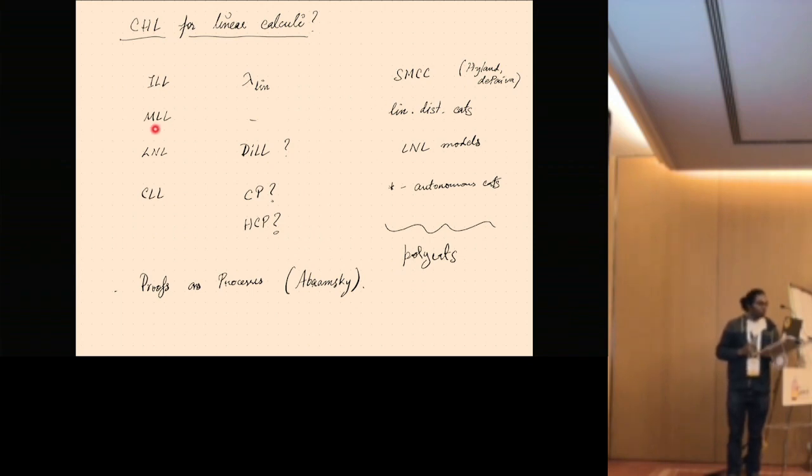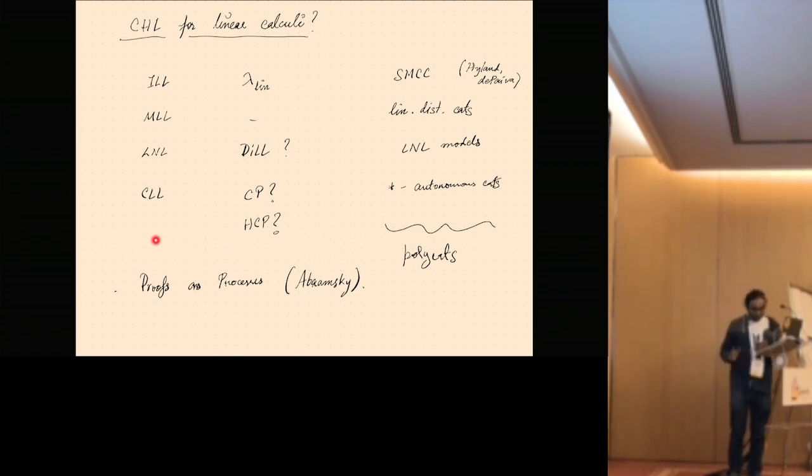So MLL, which is MLL without negation, only has tensor and par, and there's an axiomatization in linearly distributive categories. And then there's linear non-linear logic, which I think DILL is a term model for, and it should correspond to LNL models. And then classical linear logic by Curry-Howard has been shown to correspond to classical processes or hypersequent classical processes, and they should have something on the right.